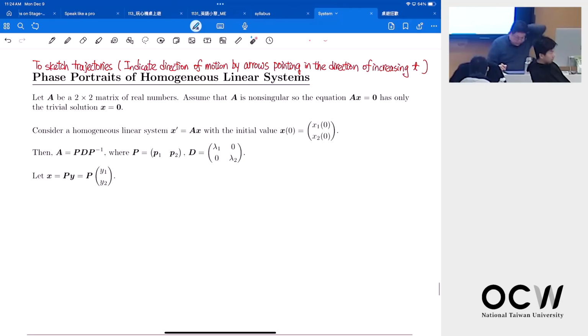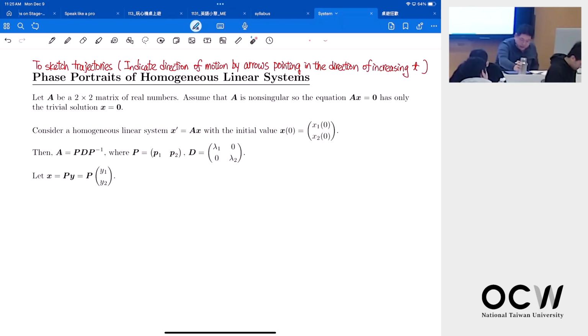First, let's see, A is just 2 by 2. If you take advanced control theory or nonlinear control theory, you may also use this phase portrait.